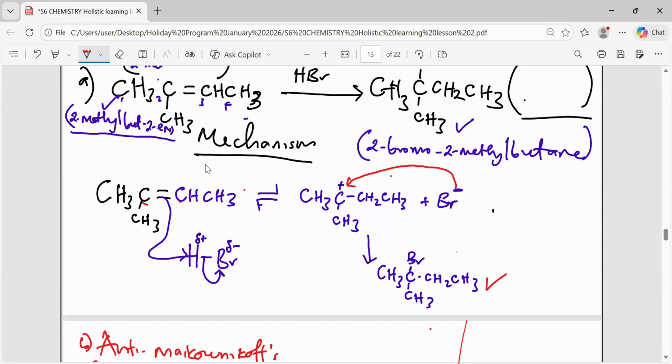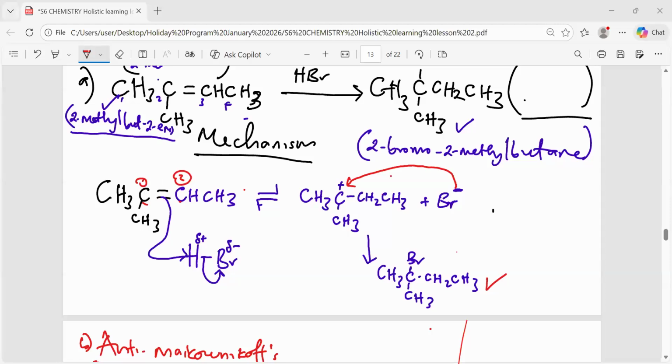Now, between these two carbon atoms, let's call this number 1 and number 2. Which one has more hydrogen atoms? Number 2 has one hydrogen atom, while carbon number 1 here has no hydrogen atom.